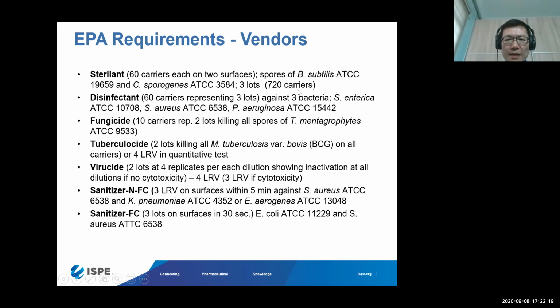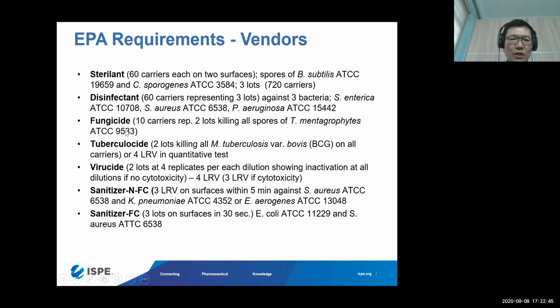As you can see, it's quite a few carriers to be tested. And if you are talking about the disinfectants, it's 60 carriers representing 3 lots against 3 bacteria. In this case, out of the 60 carriers, at least 59 carriers must not show any growth. So that is the passing criteria.